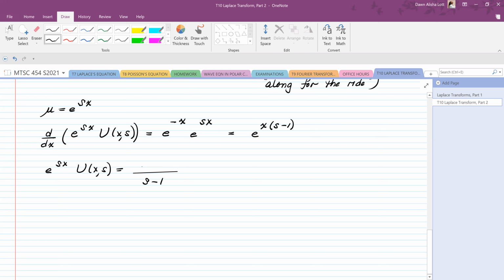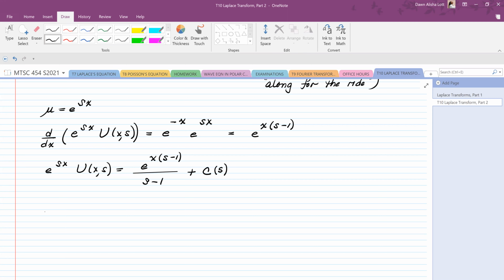And I'm going to get e to the x times s minus 1, and then plus c. So now c is a constant, but it could be a function of s. Because when you integrate with respect to x, remember, s comes along for the ride. So it could have had s's in it that would have gone to 0 when differentiated with respect to x.